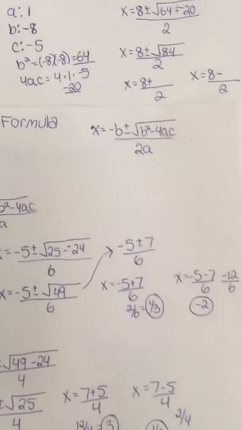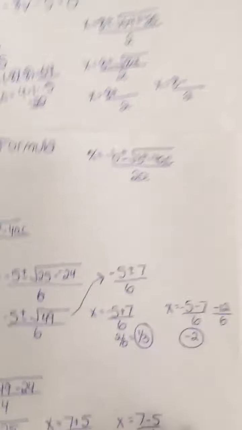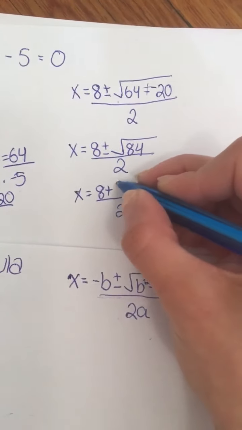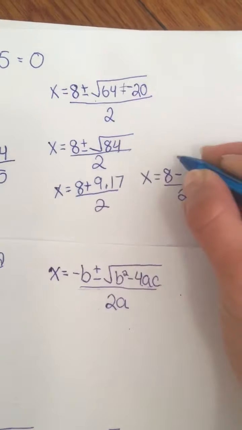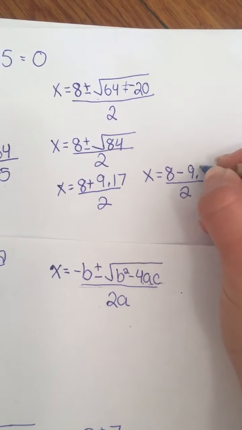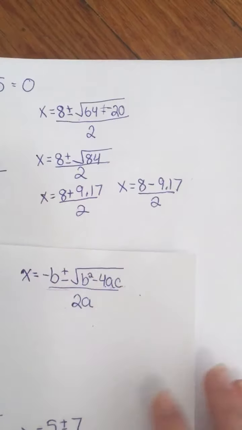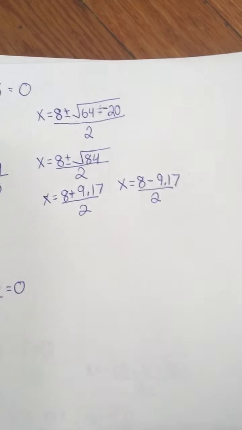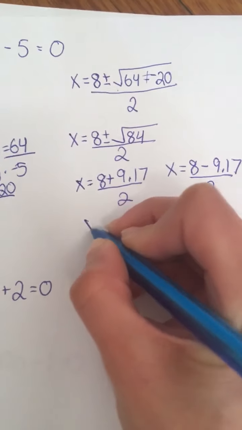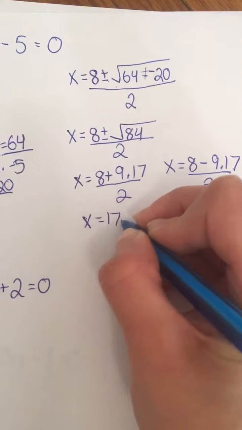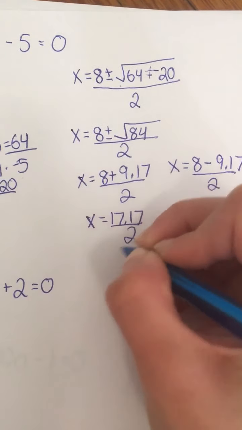Where were we? Here. So plus 9.17. Okay, so 8 plus 9.17 is going to be 17.17 over 2.